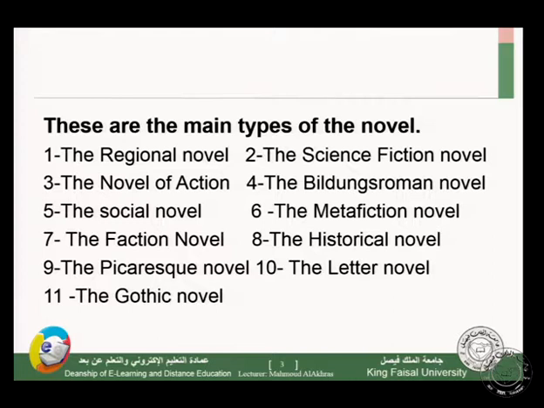Also we have metafiction novel. 7, we have faction novel. 8, we have historical novel. 9, picaresque novel. 10, the letter novel. And 11, the gothic novel. So we have 11 types of novel in this lecture.